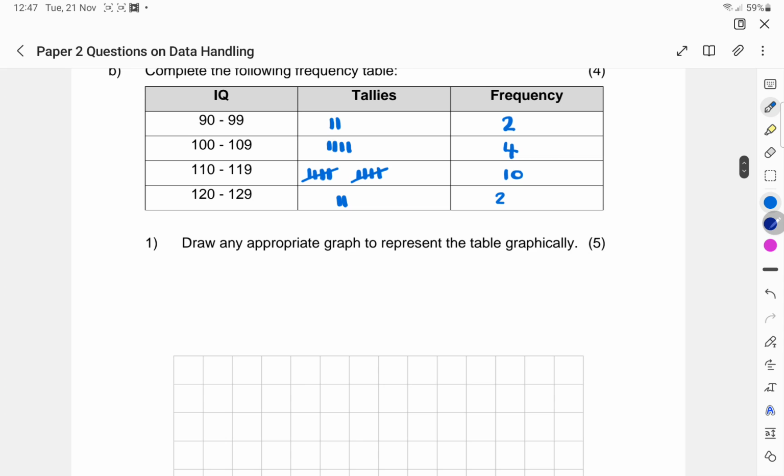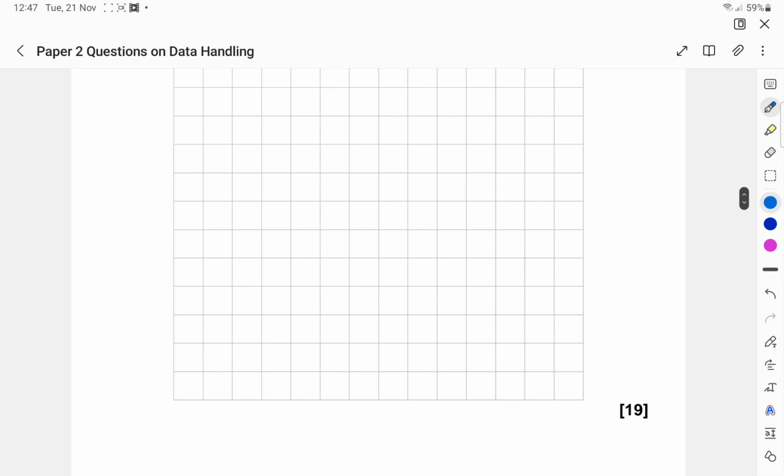Okay, and then they say to you, draw any appropriate graph to represent the table graphically. So I'm going to use a histogram. A histogram is tightly knit together, and the frequency always comes on the side.